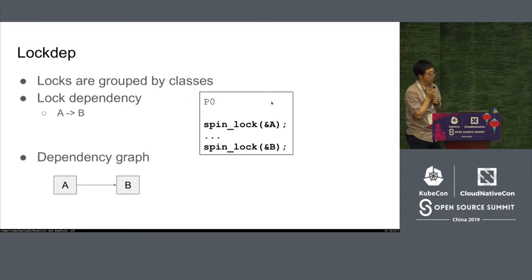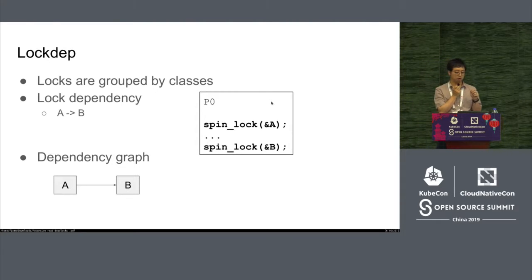Lockdep, what is it? Lockdep is a deadlock detection tool, a self-equipped tool in the kernel, developed around 2000. It tries to minimize the occurrence of deadlock code, and it classifies different categories of deadlocks, and there is a concept of lock dependency.